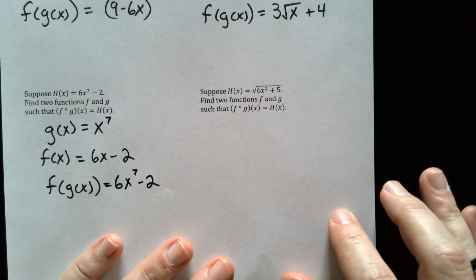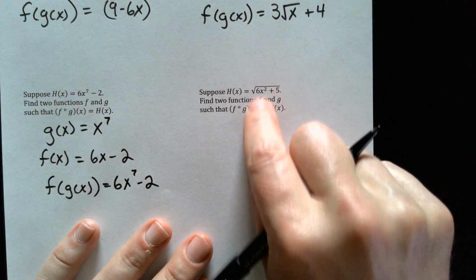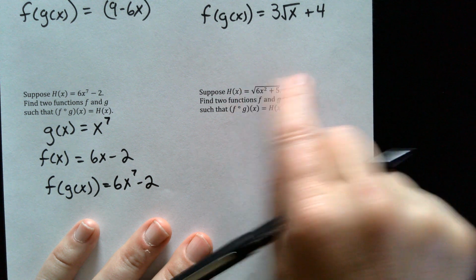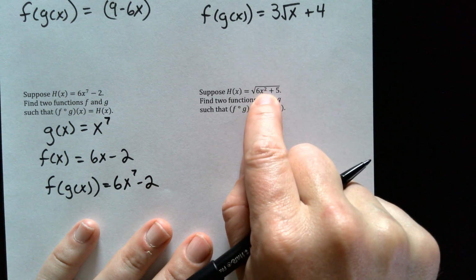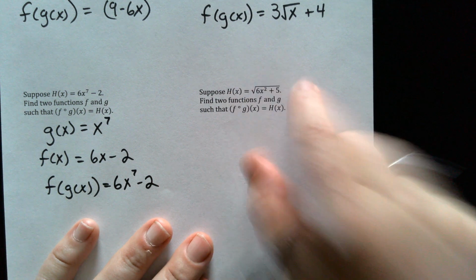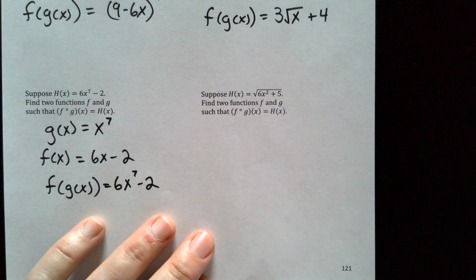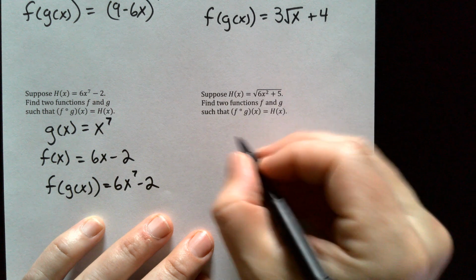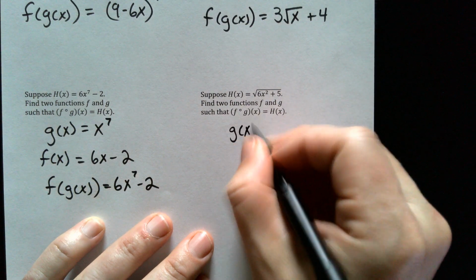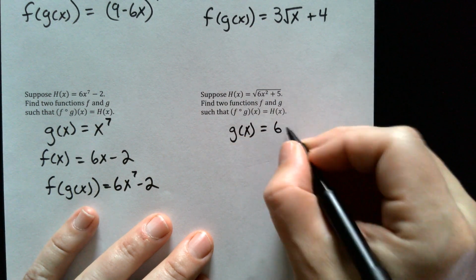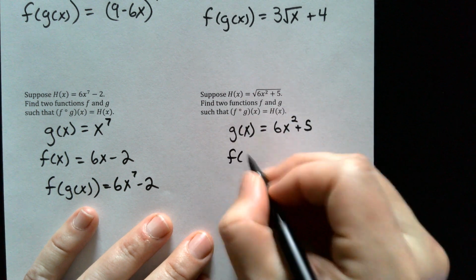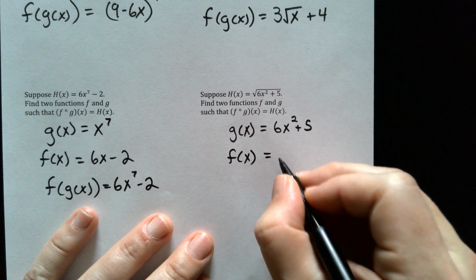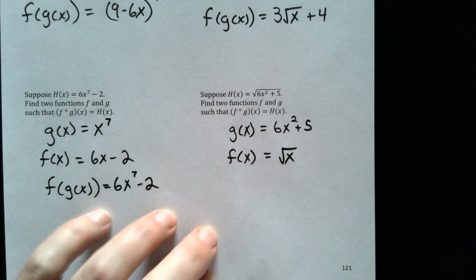All right, last one. This one, the entire expression is getting raised to a square root. Okay, so this one does have an x squared in the bottom, but we're going to ignore it because the entire expression is getting covered. Okay, so g of x is equal to 6x squared plus 5, and f of x is the square root of x.